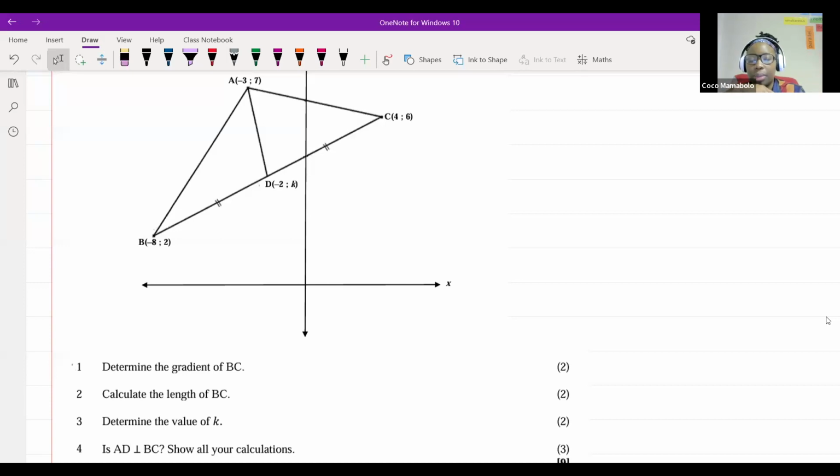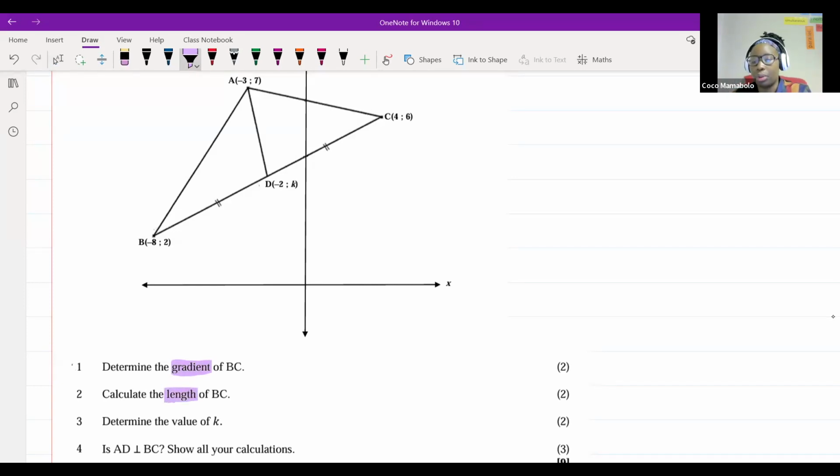Are we okay to do them alone? Okay, I can give you guys a couple of hints. If we look over here, they're asking us for the gradient, so you need to know the gradient formula. Over here, where they're asking us to calculate the length, I hope we know what formula to use there.